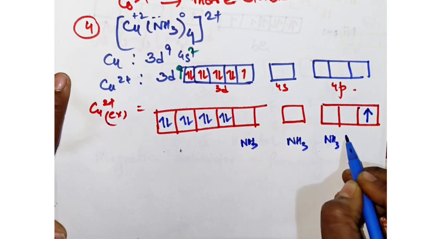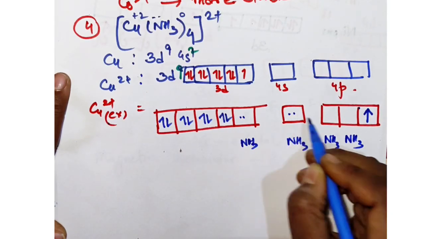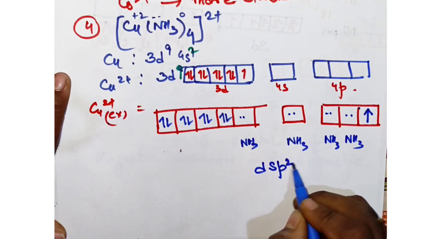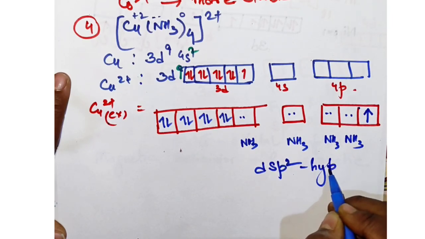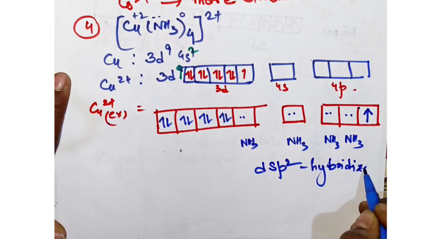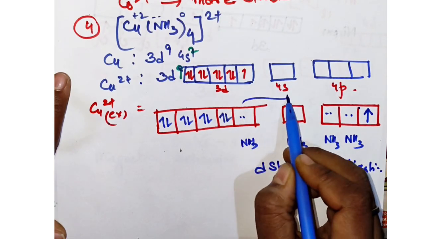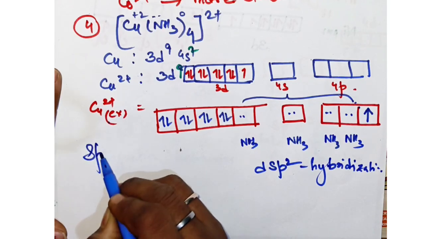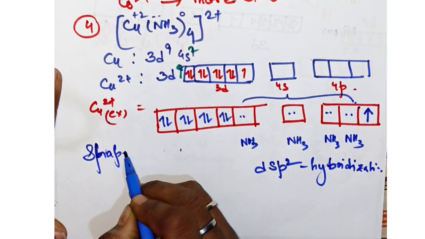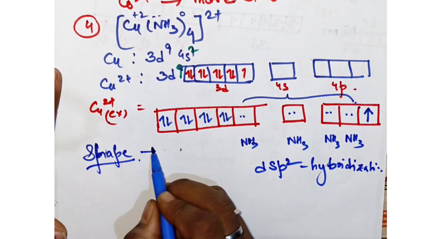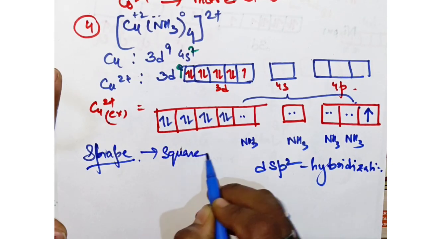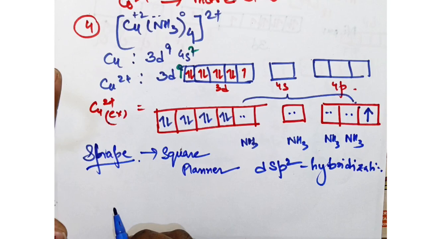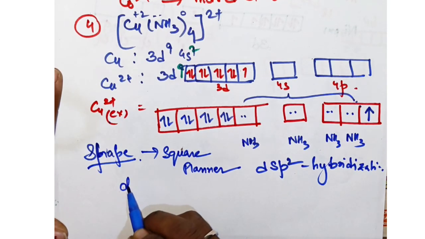So it is going to form dsp2 hybridization, and the shape of dsp2 is square planar, and it is diamagnetic.